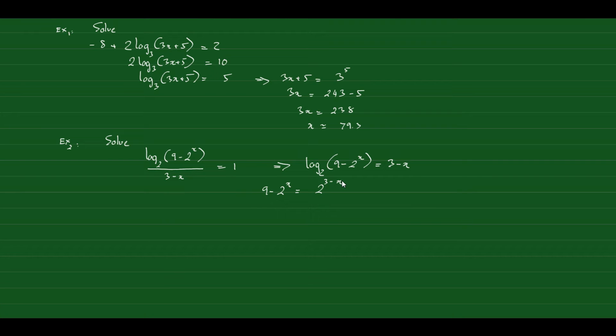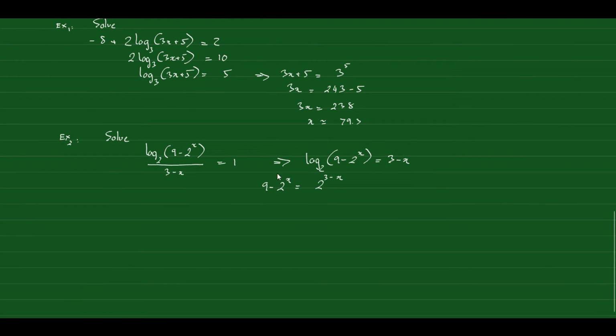Alright, maybe some of you get stuck right over here. If you notice, this is a subtraction between two exponents, so I can write 2 to the 3 minus x as 2 to the 3 over 2 to the x. And 2 to the third power is 8.